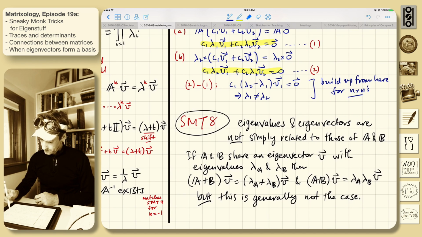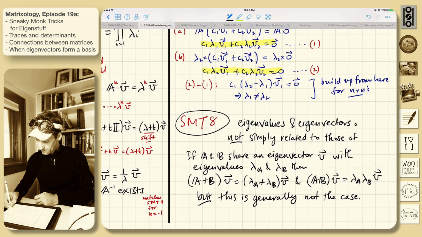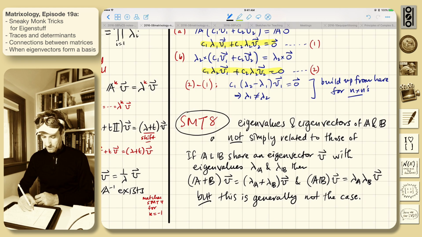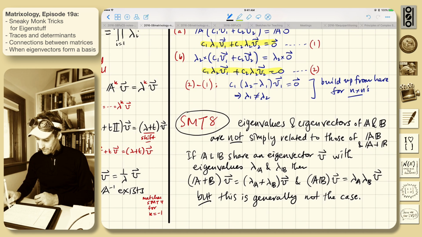The eigenvalues and eigenvectors of A and B are not simply related to those of AB and A plus B.